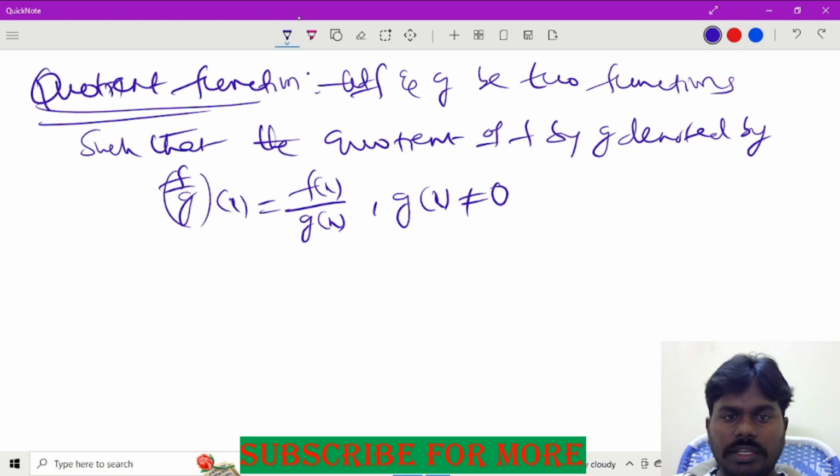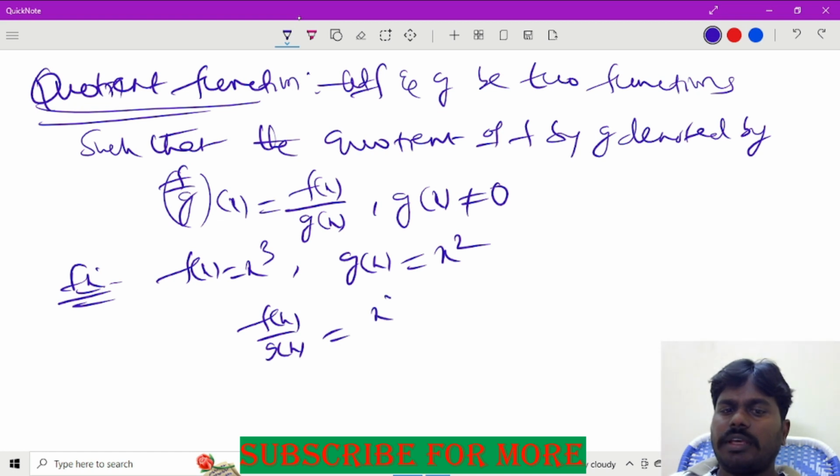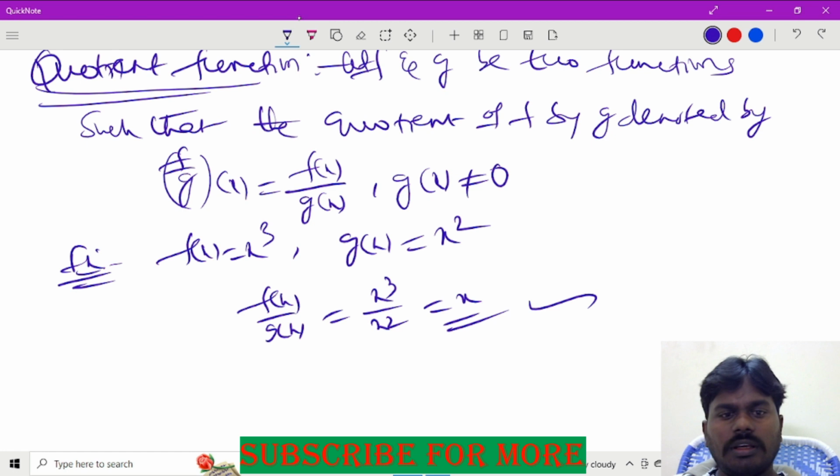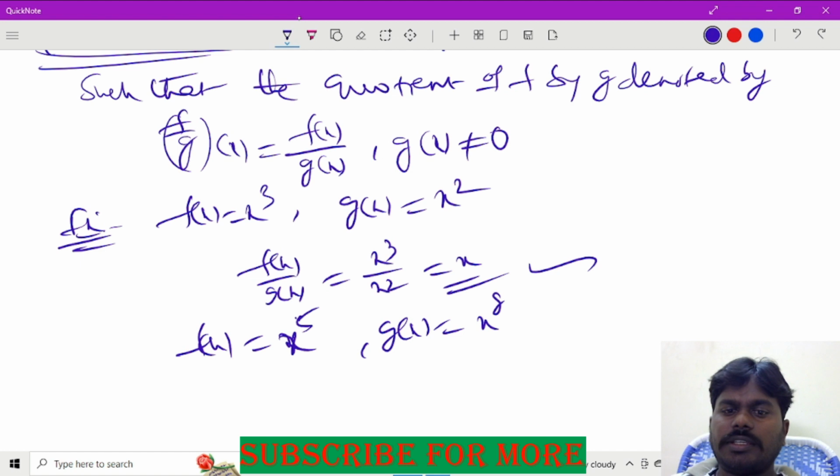Okay, so here for an example, f of x I am taking suppose x cube, and g of x I am taking x square. Now f of x by g of x is equal to x cube by x square. So here x, that's all. Or suppose f of x is equal to x power 5 and g of x is equal to x power 8.